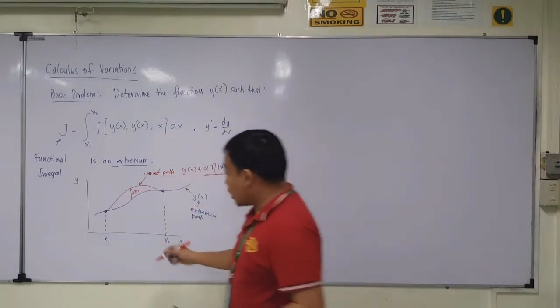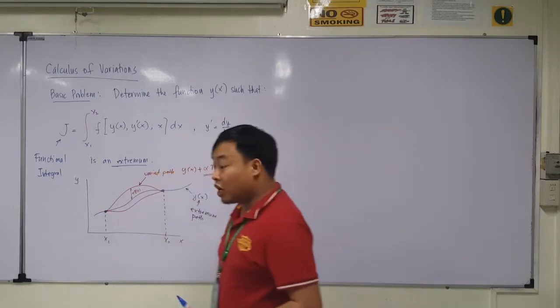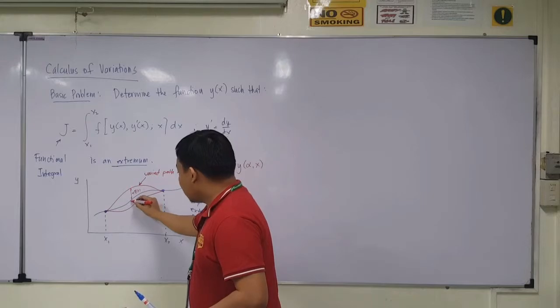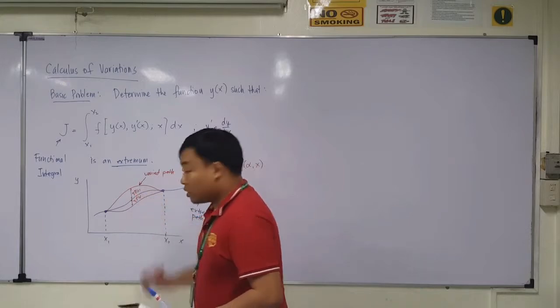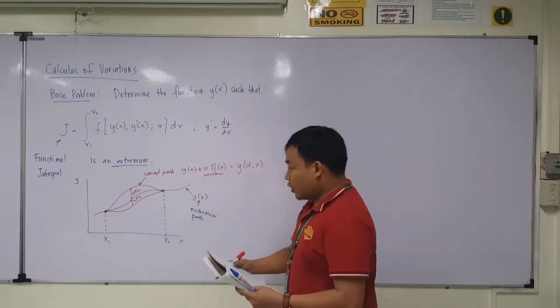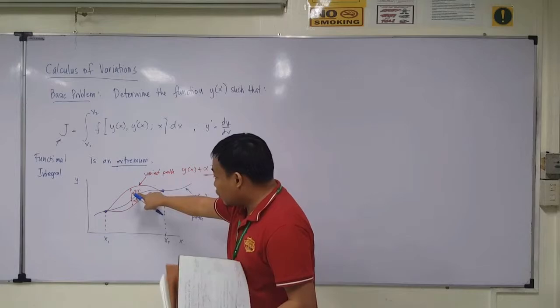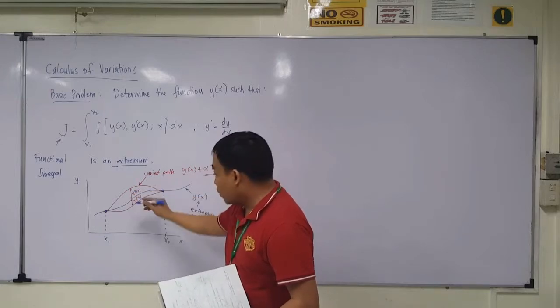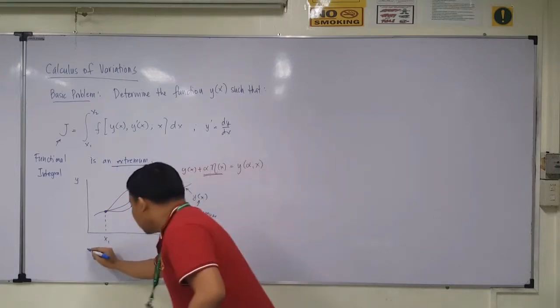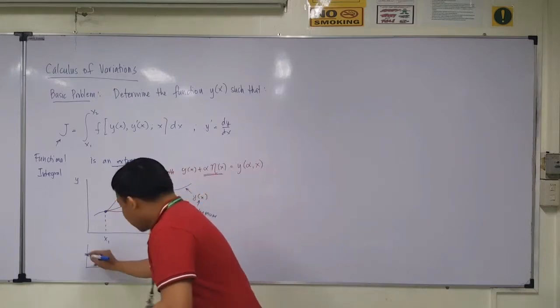If we identify another variation of that function, let's say this is another variation, this is alpha 1, this is alpha 2. If you graph the variation alpha nu, this is what we're going to have, and this is x.